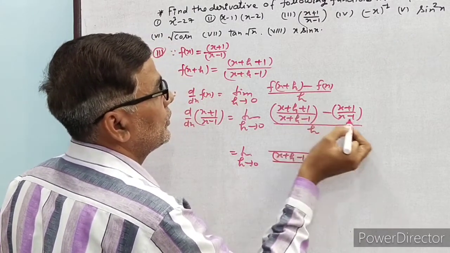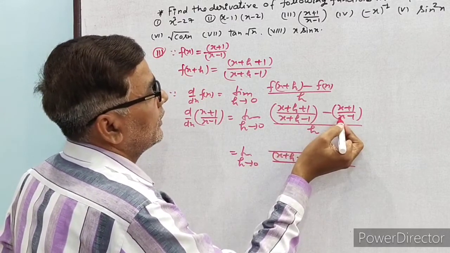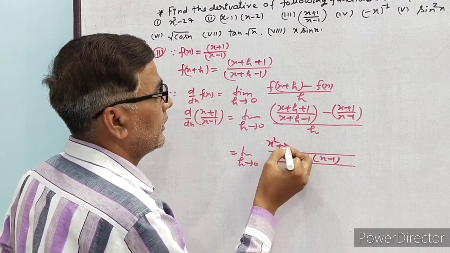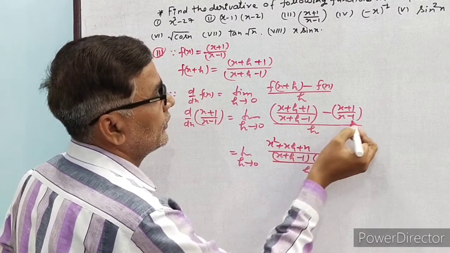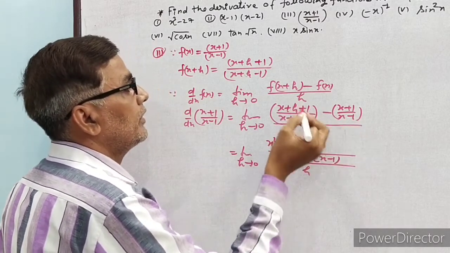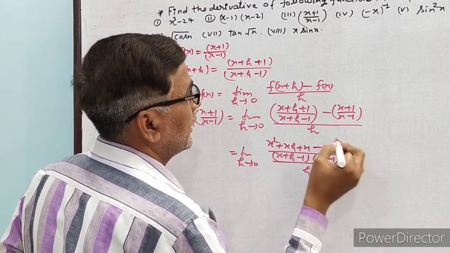Now multiply these two terms, so we directly multiply (x plus h plus 1) by x. We have x square plus xh plus x. Now the same is multiplied by minus 1. We have minus x minus h and minus 1.